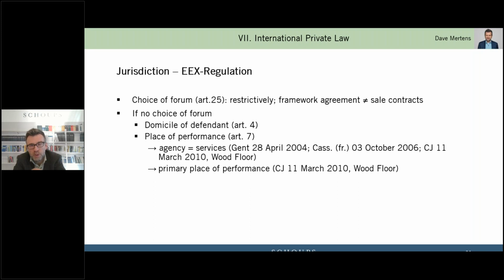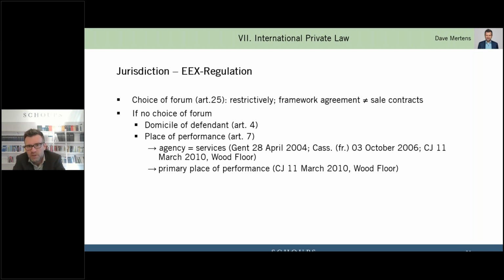Most principals obviously choose their own forum, whether it's in Germany, Belgium, France, Spain, their own courts that they know, and they want to centralize all their litigation in one court. That's an acceptable reason. That's possible. So a choice of law, a choice of forum is permissible under the regulation.